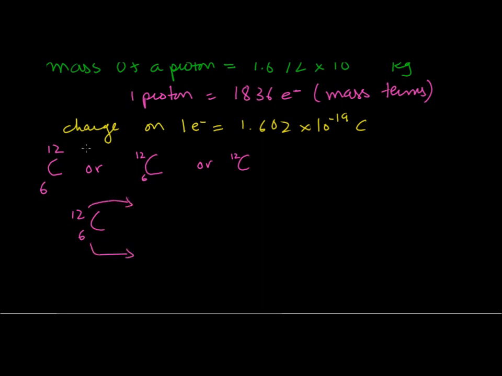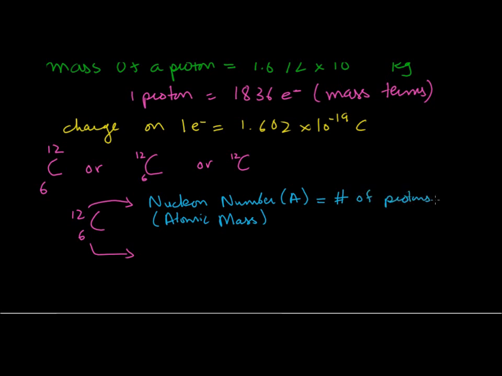ठीक है? So 12 is what's called the nucleon number, also known as the atomic mass, and it's represented by the letter A. Okay, and this is simply the sum of number of protons and number of neutrons.